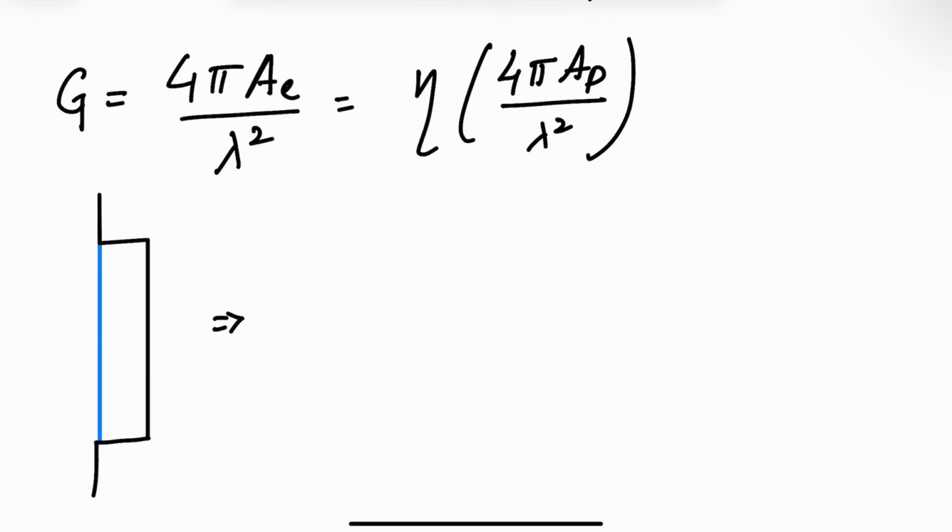Right, so if this was the case, then my gain would just be 4 pi AP over lambda squared, right? Because we saw that effective aperture is essentially the aperture of the current distribution, and the current distribution is uniform everywhere, and that's just the physical aperture of this disk, right?